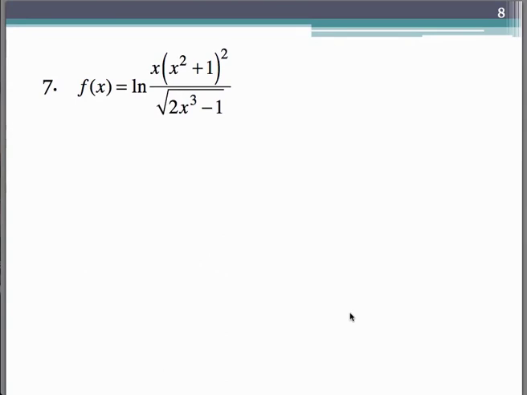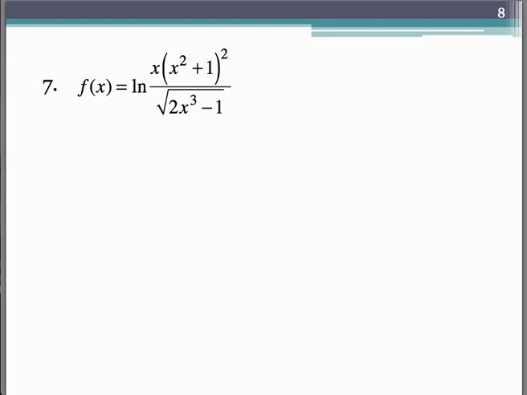I mean, imagine if you left it like this, you'd have 1 over that big ugly fraction thing, but then you need to multiply by the derivative of that big ugly fraction thing, which would require quotient rule first of all, but embedded in there, you're going to have product rule up in the numerator plus a couple chain rules thrown in. So this is one where absolutely, positively, you would want to use the laws of logarithms to simplify this without a doubt.